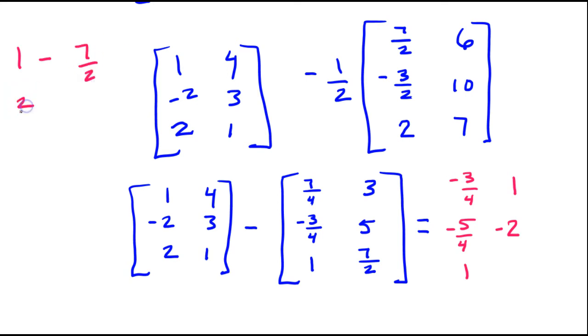So that would be the same thing as 2 over 2 minus 7/2. Don't you love how you can turn 1 into anything you want? 2 over 2, 3 over 3, 4 over 4, whatever you need to make like denominators. So then I'll have 2 minus 7. So that's going to be negative 5/2. So this should be the final answer.